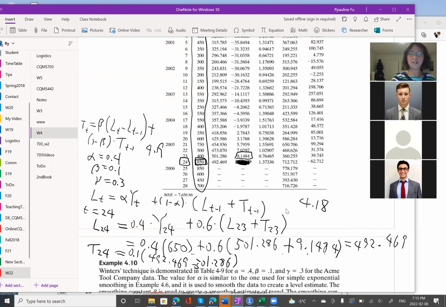Then plus 1 minus beta, 0.9, times T minus 1, the number above it, 9.1484. And the result you will get is 7.3518. So that is how you calculate T24. Any questions?